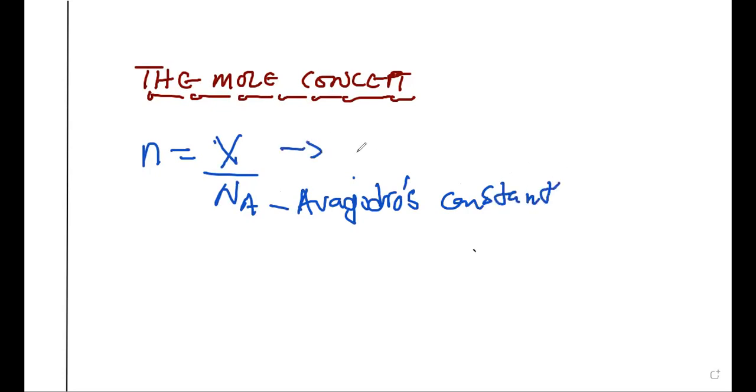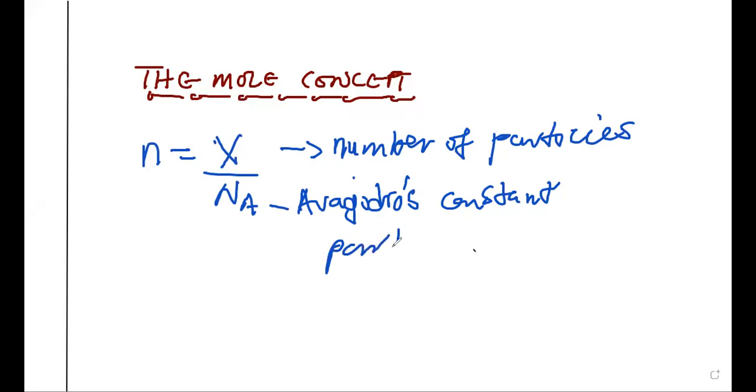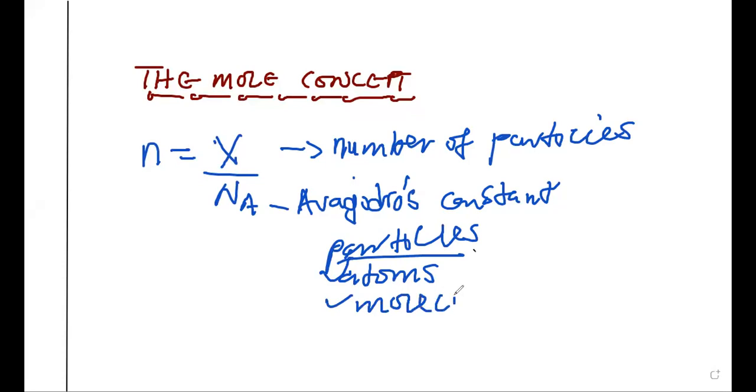Then these are the number of particles. Now, these particles can be atoms, these can be molecules, or they can be ions.